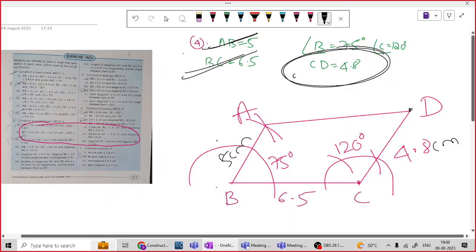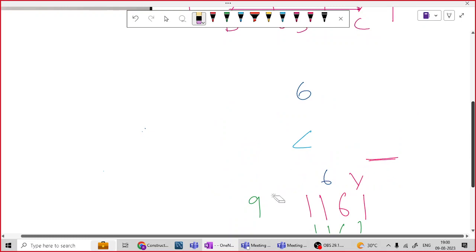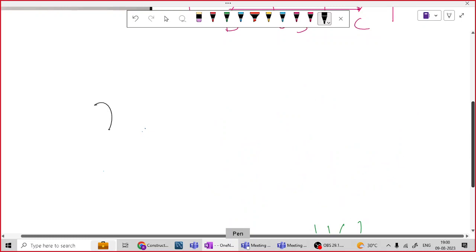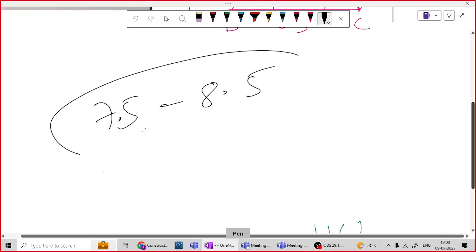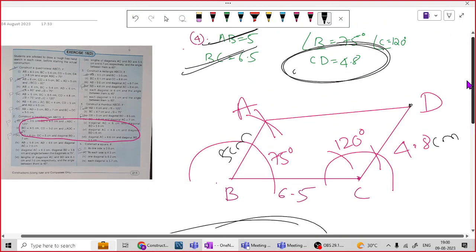There's no accurate value for this. Anywhere between 7.5 to 8.3 or 8.5 is fine. The length 7.5 to 8.5, it's fine.